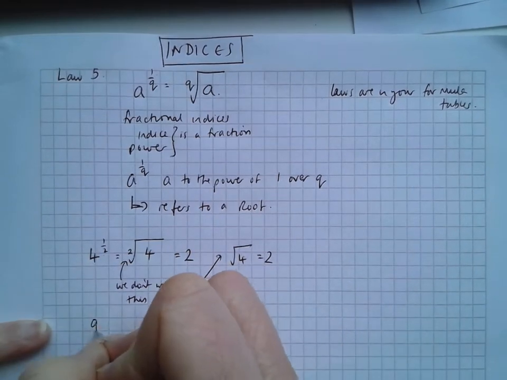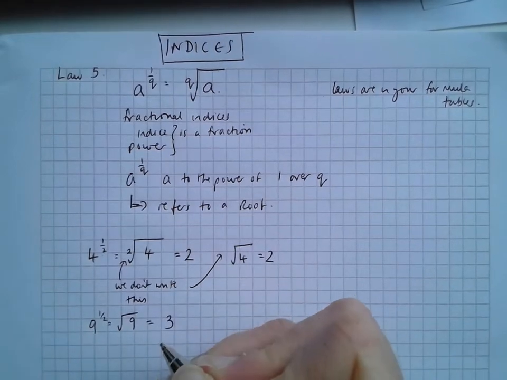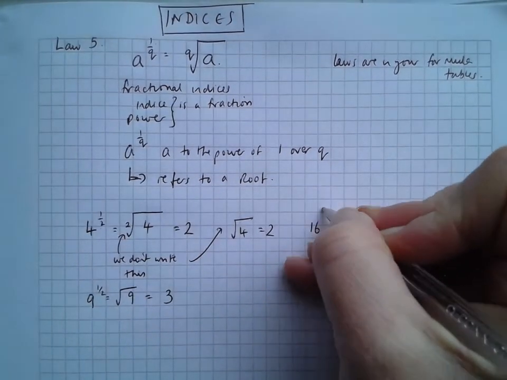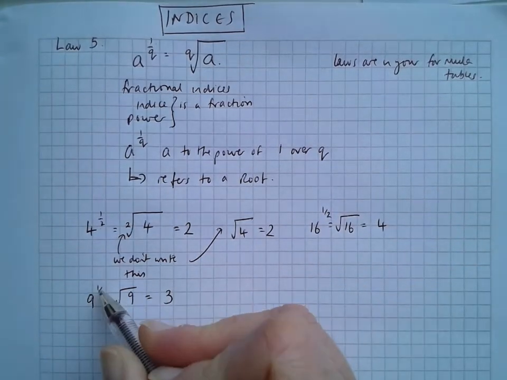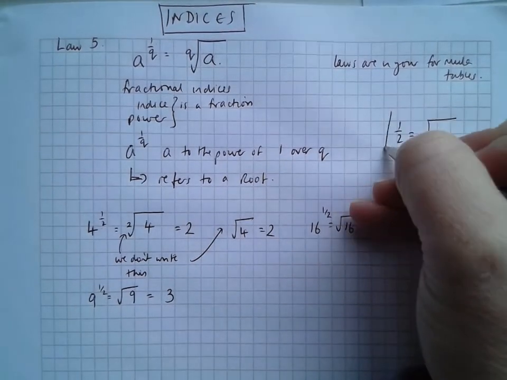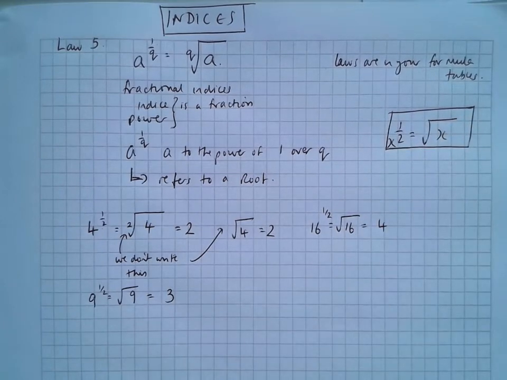So 9 to the power of a half is the square root of 9, which is 3. 16 to the power of a half would be the square root of 16, which would be 4. So to the power of a half means square root. X to the power of a half is the square root of x.